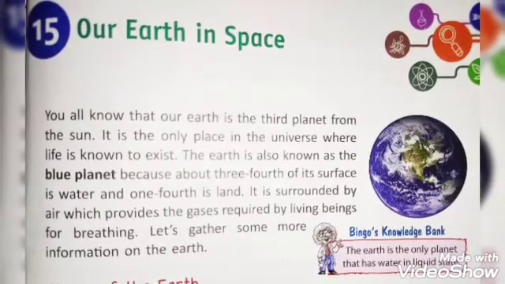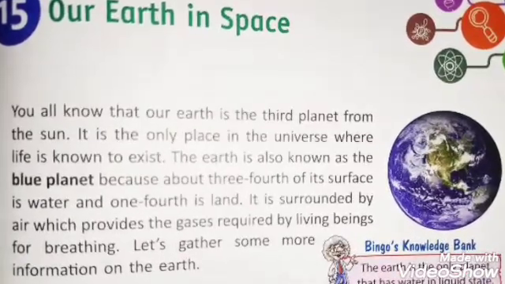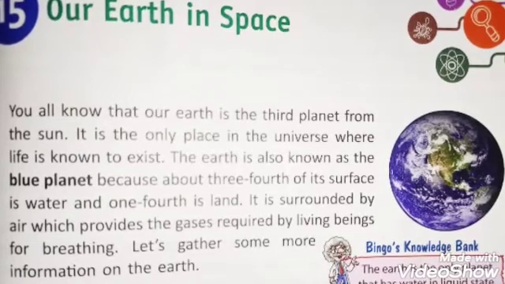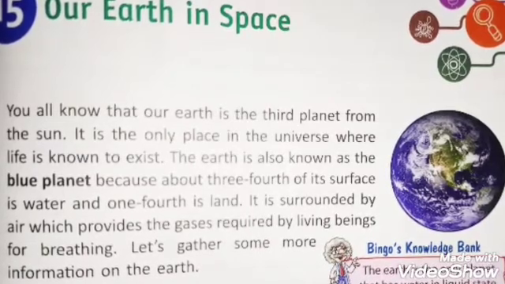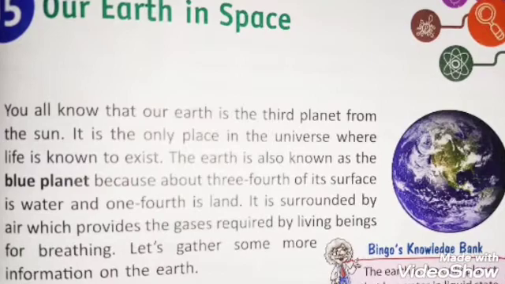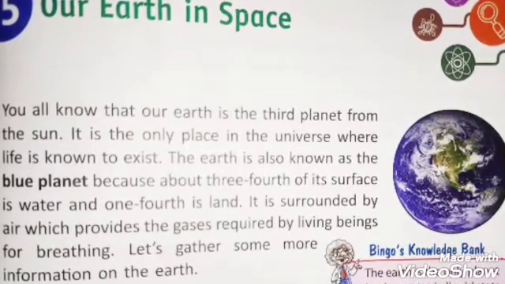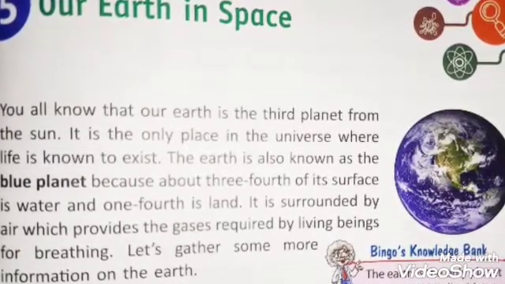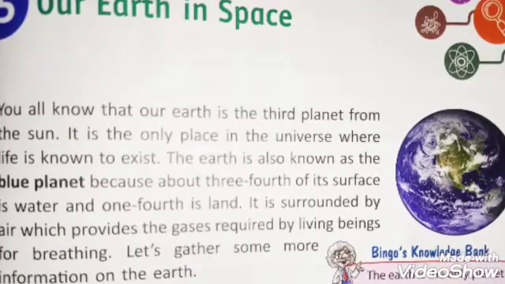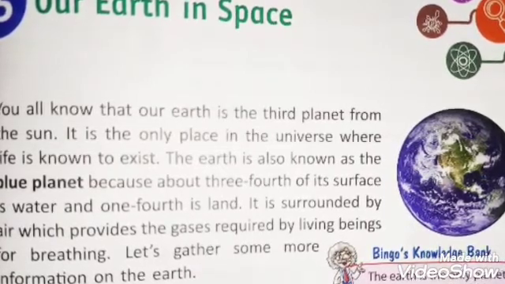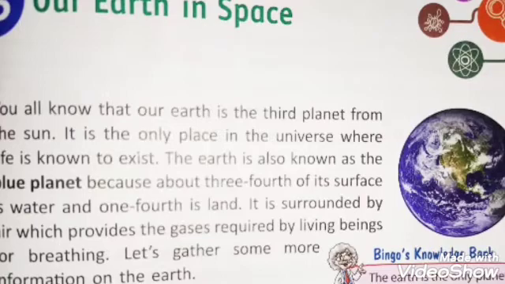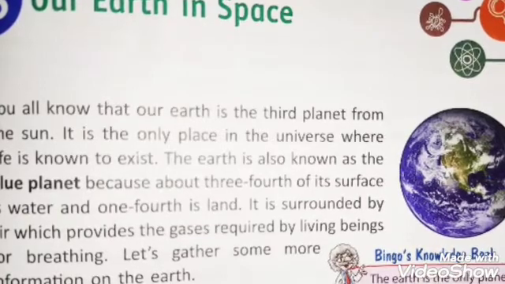Why? Because the 3/4 portion of the Earth is covered with water and water bodies like oceans, seas, rivers, etc. That's why Earth is known as the blue planet of the solar system.